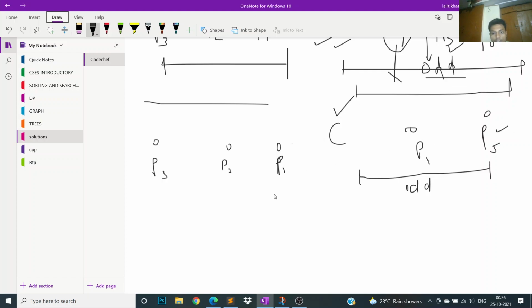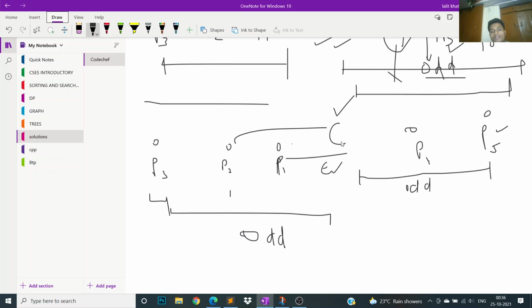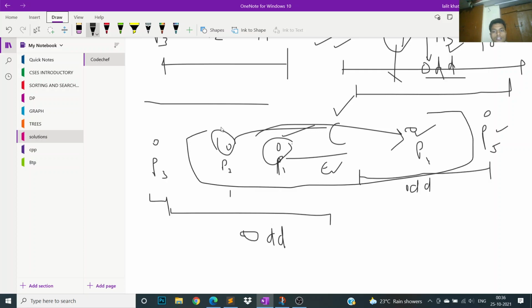So if up to here this distance is odd and these distances are even, and even, it will try to eliminate these even and even, and if it sees this is odd, it will go here and eliminate this one. So it will eliminate those whose distance is odd.